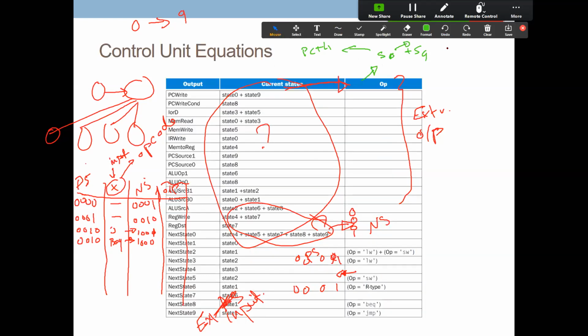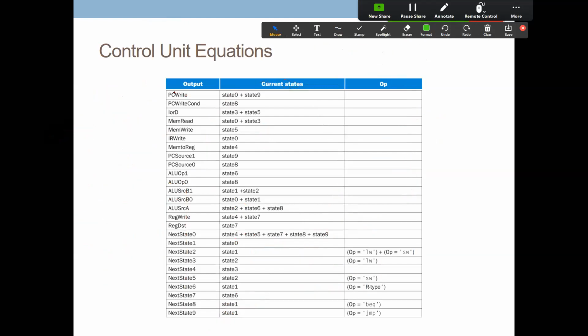So I can write this in the PC write here it's a function of state 0 or state 1.